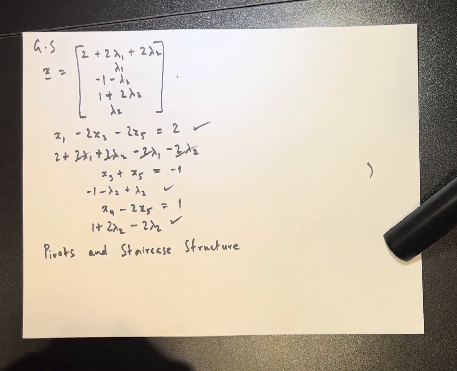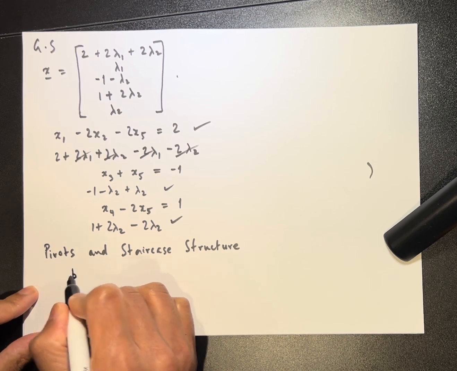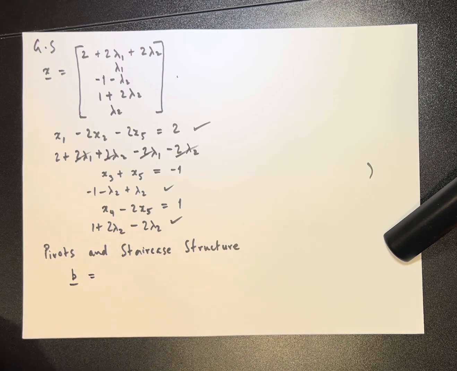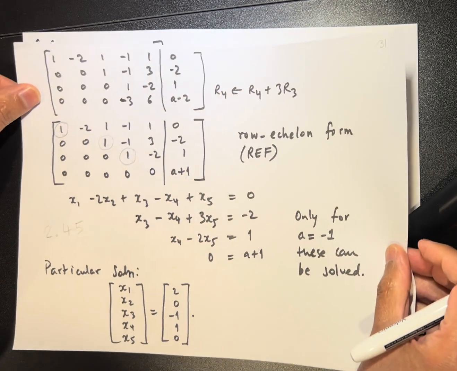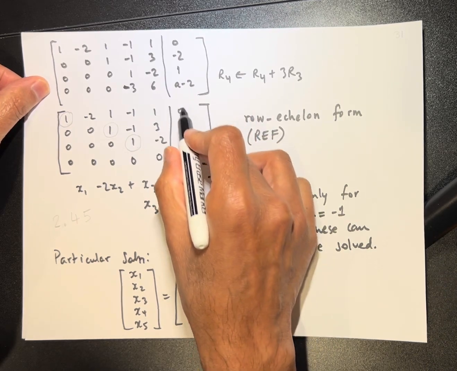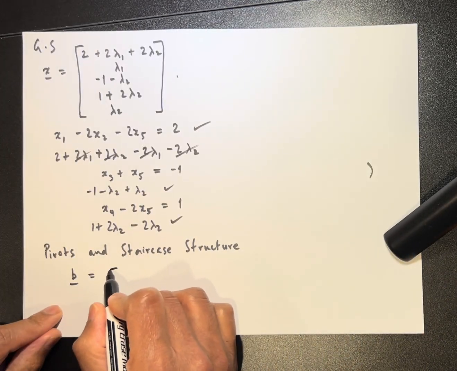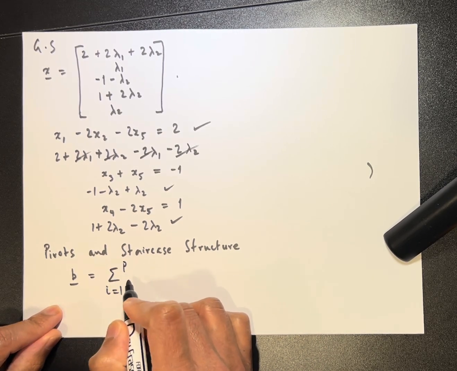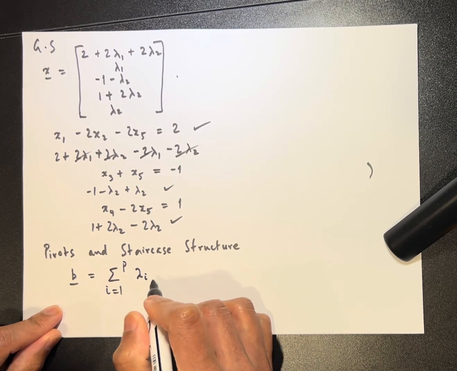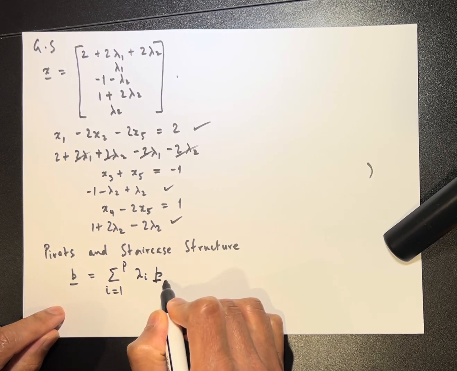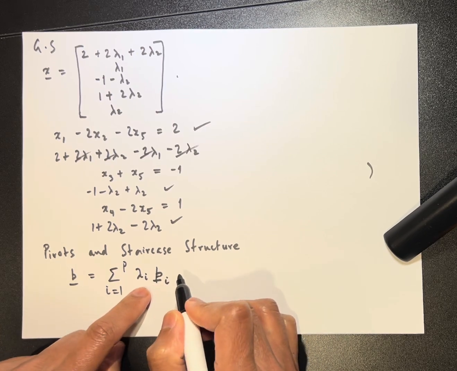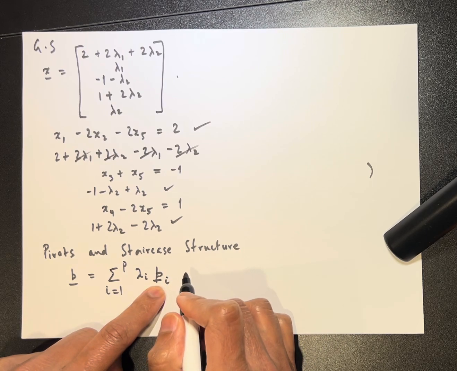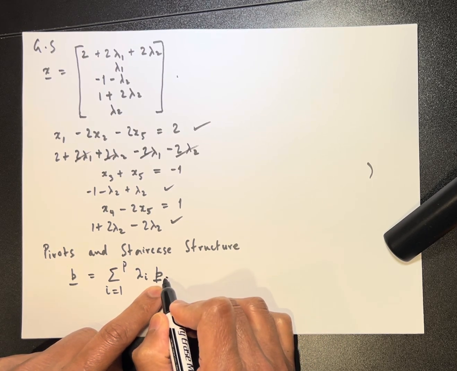They are saying b, the right hand side. What is the right hand side here? B is this column vector. B equals the summation of i equals 1 to uppercase P of lambda i times p i, where p i is the pivot column.